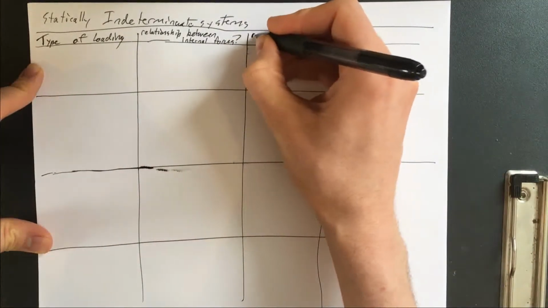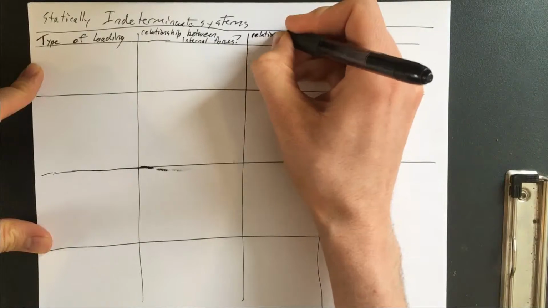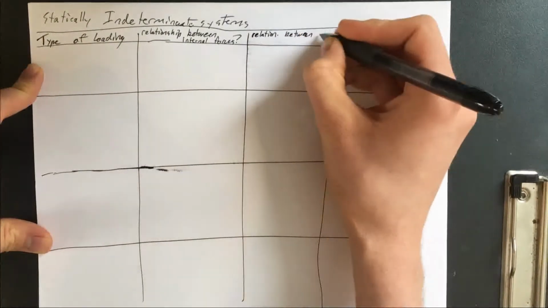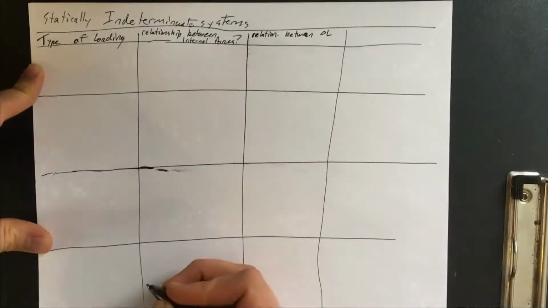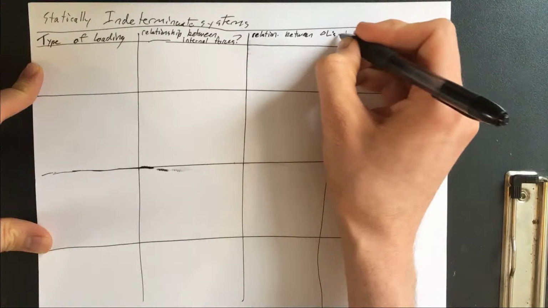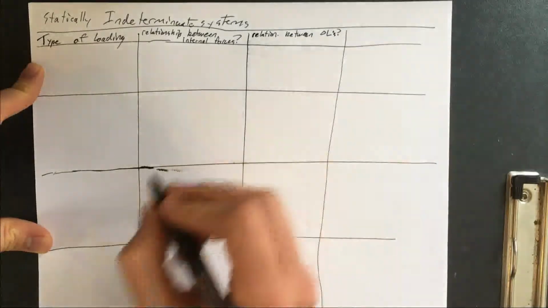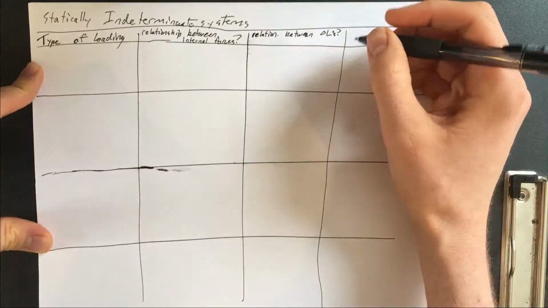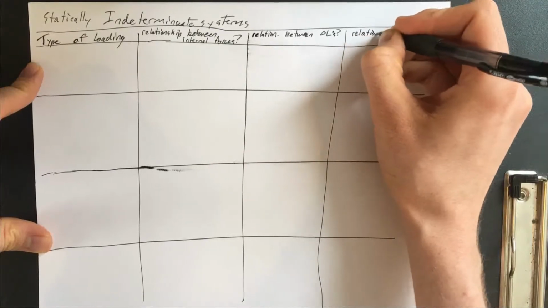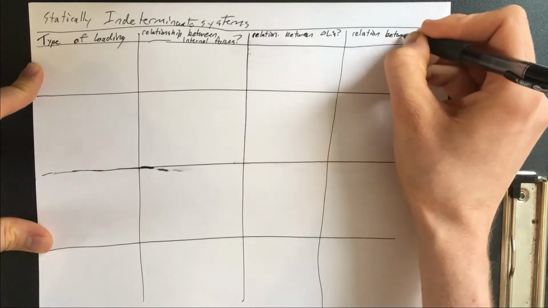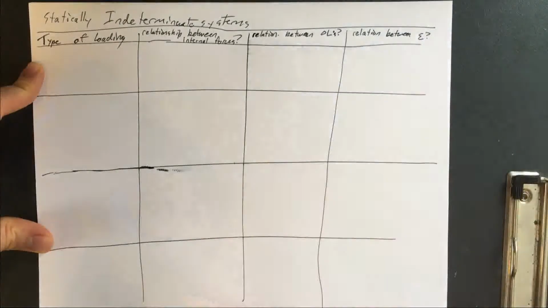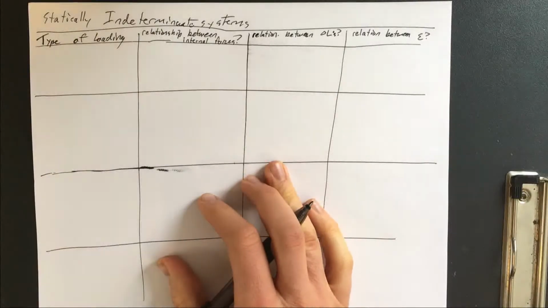Is there a relationship between changes in lengths of various components in the system? So is there a relationship between delta L's, between changes in lengths, or is there a relation between strains, various strains in various components of the systems?